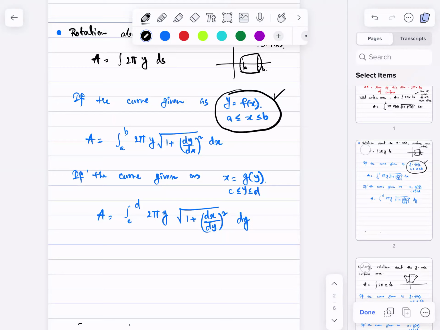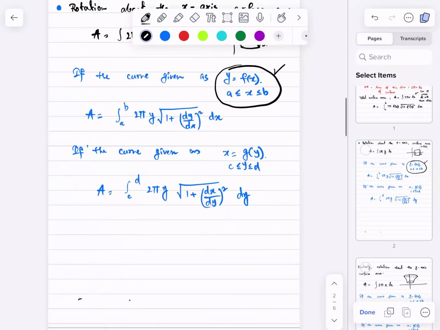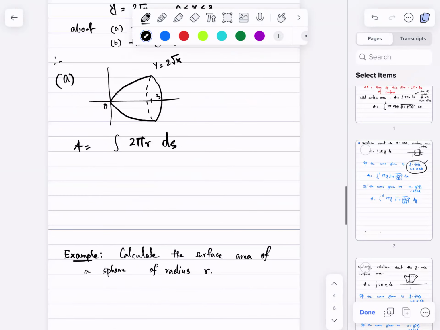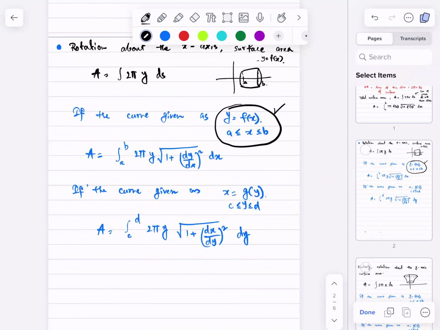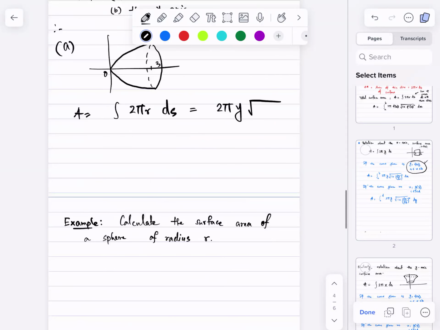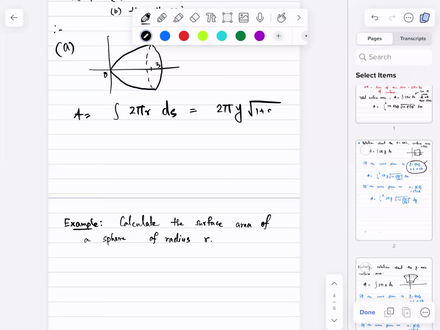So I have to use this formula. If I go back there, then I should have A equal to the integral of 2 pi y times the square root of 1 plus (dy/dx) squared, dx, integration from 0 to 3.